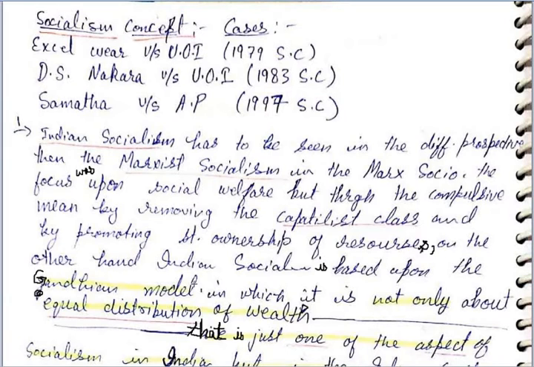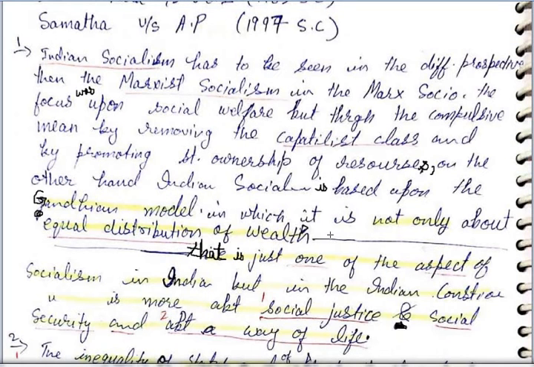On the other hand, Indian socialism is based upon the Gandhian model, in which it is not only about equal distribution of wealth, that is just one of the aspects of socialism in India. But in the Indian constitution, socialism is more about social justice and social security and about a way of life. So that is the first point differentiating the two.